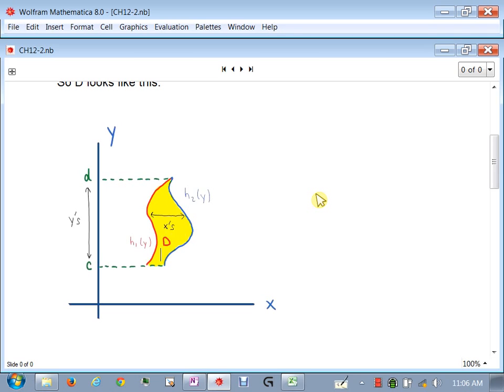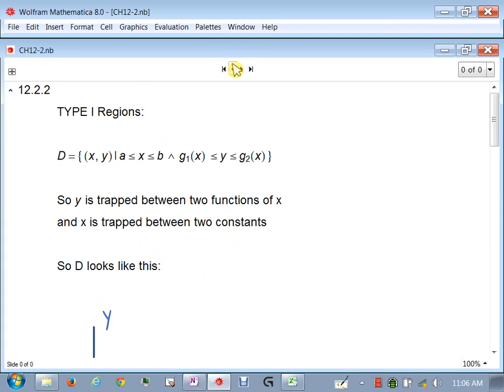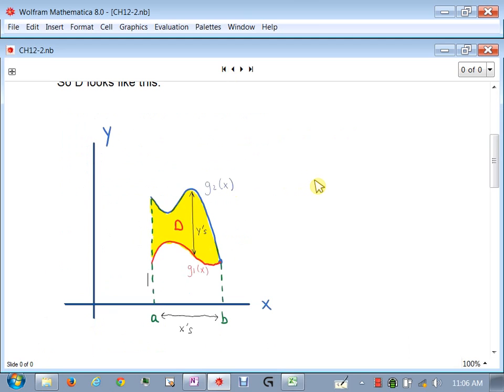Now, if we have type 2, we're going to use c and d instead of a and b for our restrictions on y. And our x values are now stuck between two functions of y, which we're going to call h1 and h2. h2 is the one further away from the y-axis, h1 is the one further in. If you compare that to type 1, g1 was the one on the bottom, g2 was the one on top.